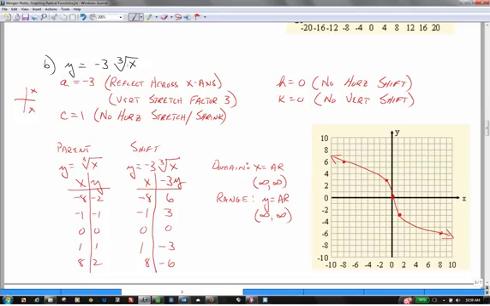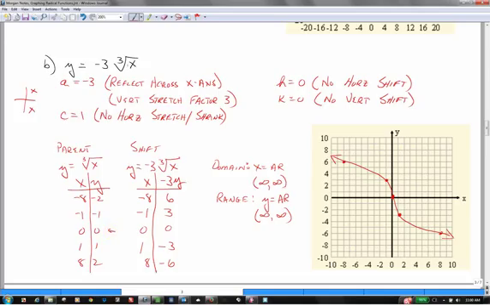So every single one of my y values, -2, will multiply by -3, giving me 6. 1 would multiply by -3, giving me -3. -1 multiplies by -3, giving me 3. 0 multiplies by -3, giving me 0, so on and so forth. So here is my shifted table, and that's what I plot.